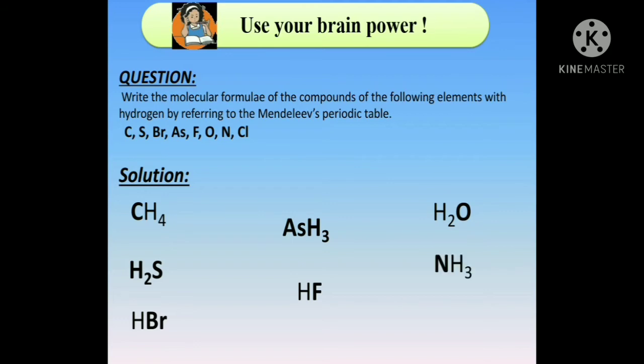Nitrogen reacts with hydrogen to form NH3, ammonia. And last, chlorine reacts with hydrogen to form HCl, hydrogen chloride or hydrochloric acid. Here HBr, HF, HCl are the halogen compounds. So, we have seen how the given elements react with hydrogen to form different compounds.